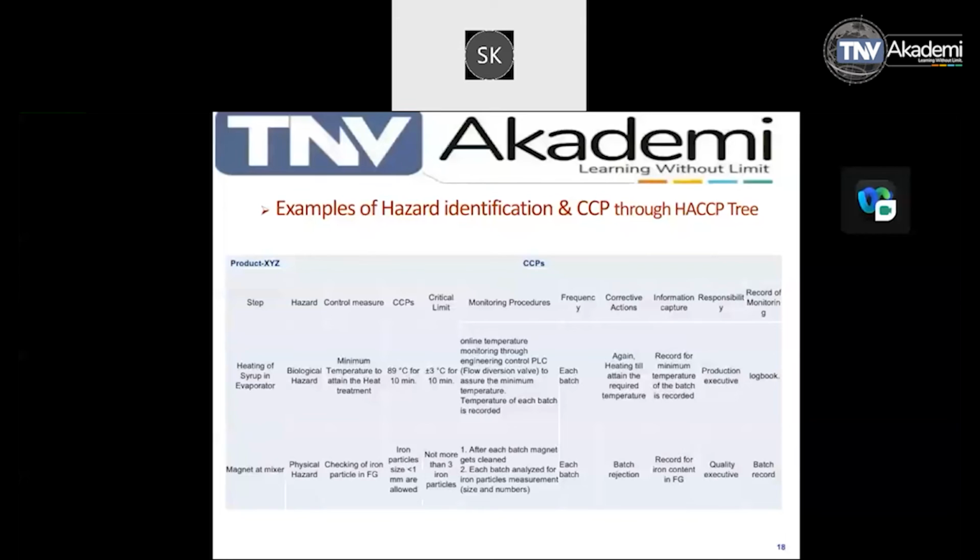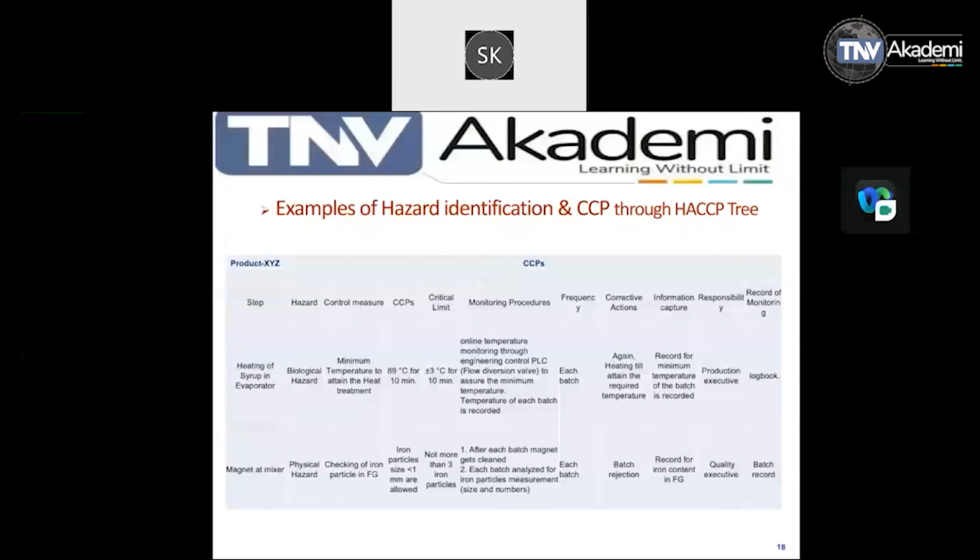The first step is to identify the hazard, then you set the control measure, identify the critical control point, and establish the critical limit. Then you establish the monitoring procedure, as this is the step-by-step HACCP plan implementation and assessment of your CCP through the HACCP tree.